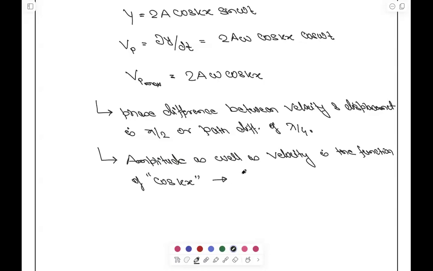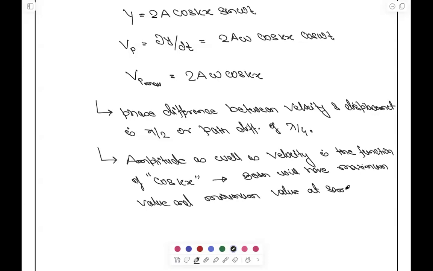That means both will have maximum value and minimum value at the same position.